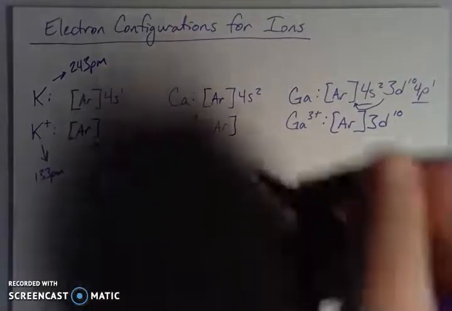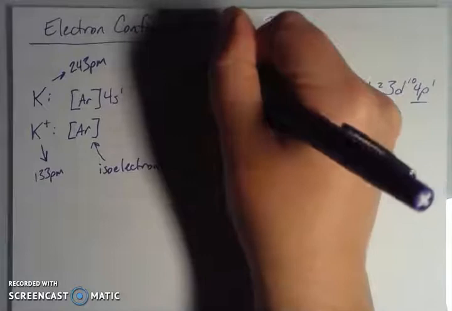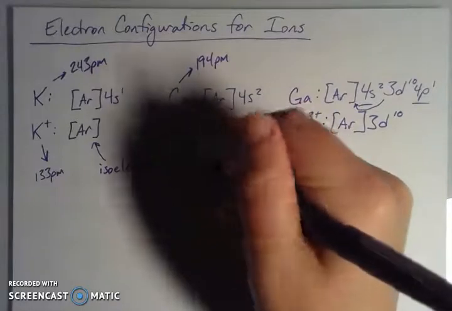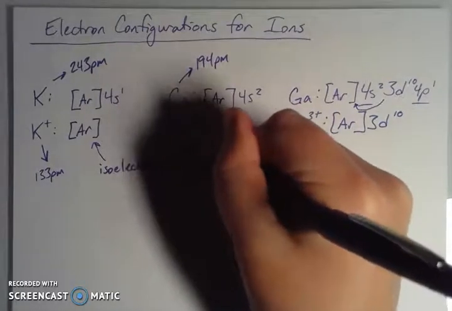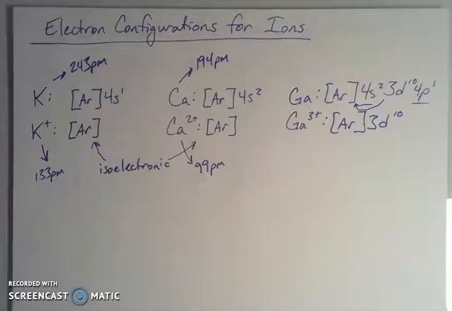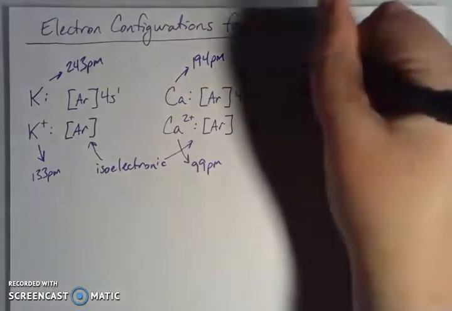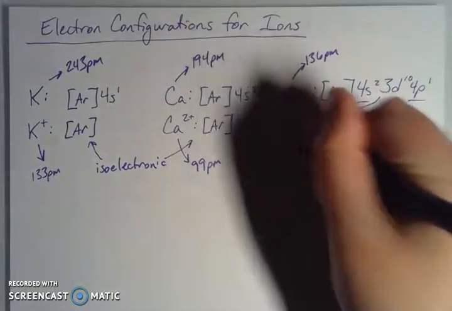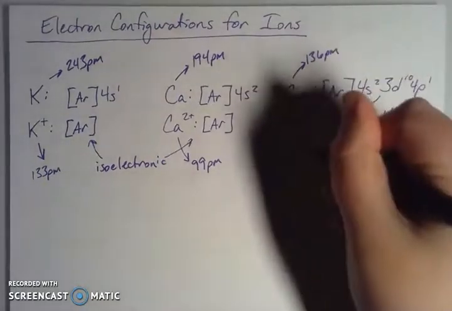If we look at calcium, calcium is 194 picometers when it is neutral, and when it loses those 2 electrons, it goes down to 99. So again, pretty significant. And then we see a similar pattern kind of going on. The neutral gallium is 136, but my gallium 3 plus ion is 62.